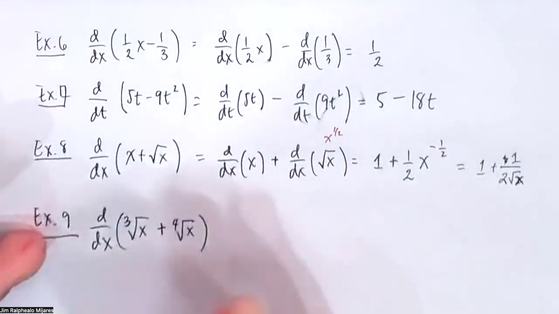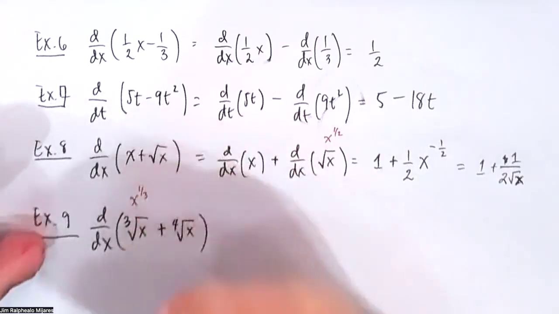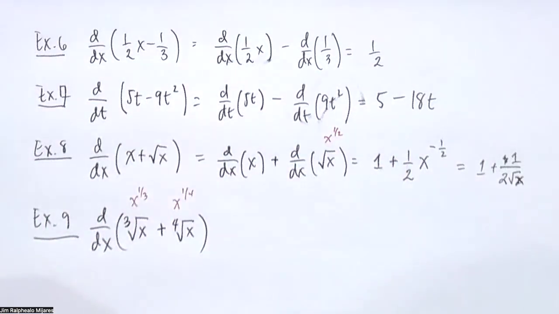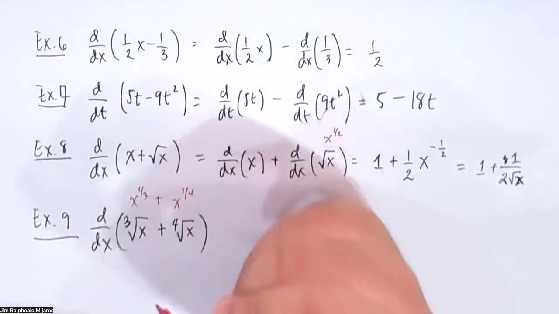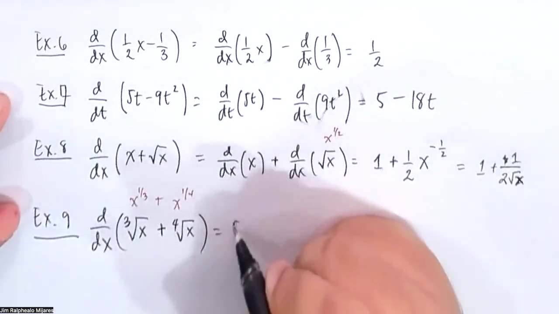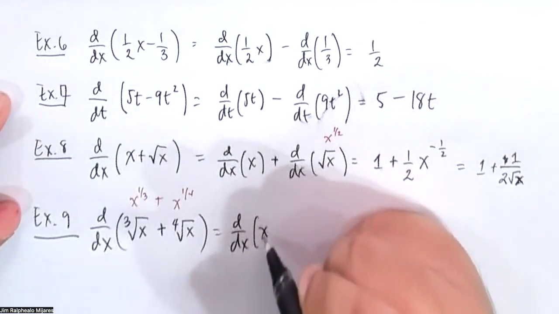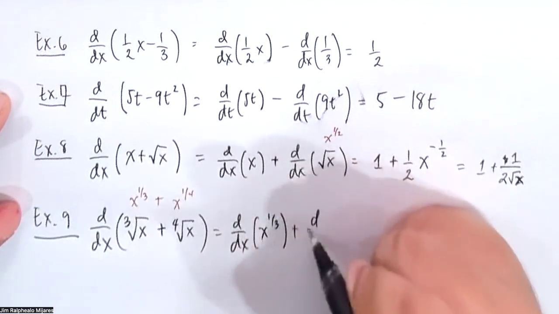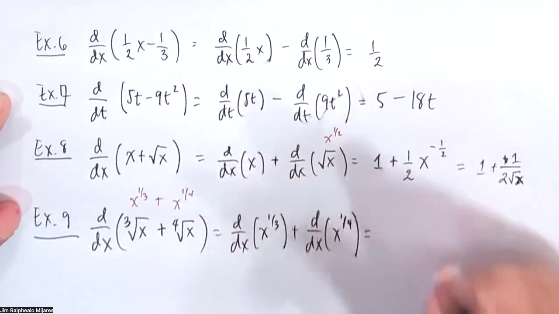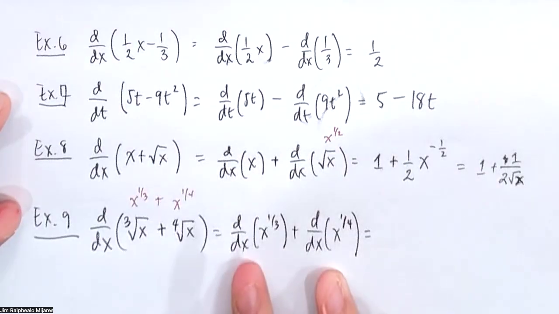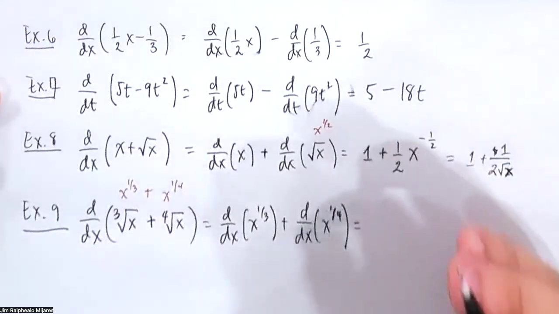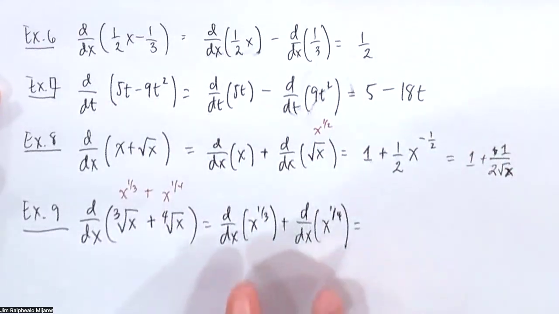Notice again that cube root of x is x to the 1/3, and fourth root of x is x to the 1/4. So you can rewrite the problem into something more manageable, so that this becomes the derivative of x to the 1/3 plus the derivative of x to the 1/4.